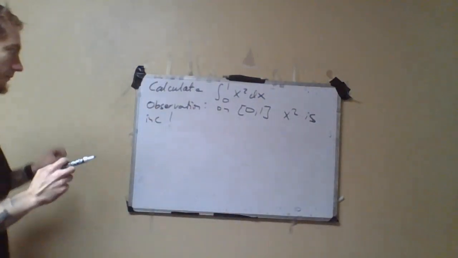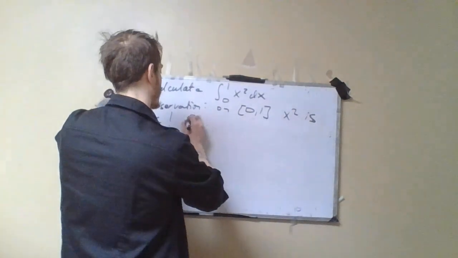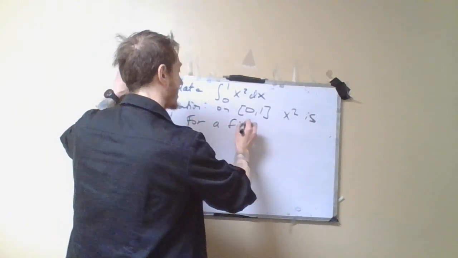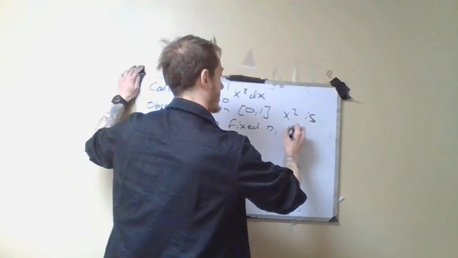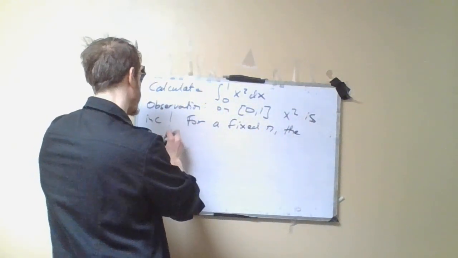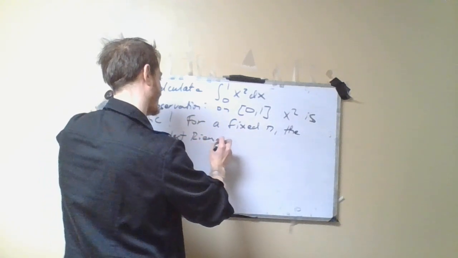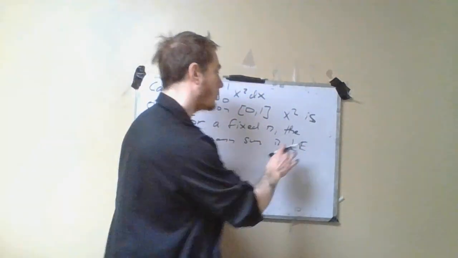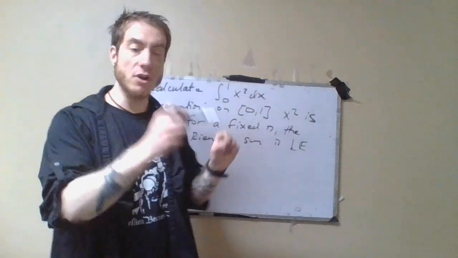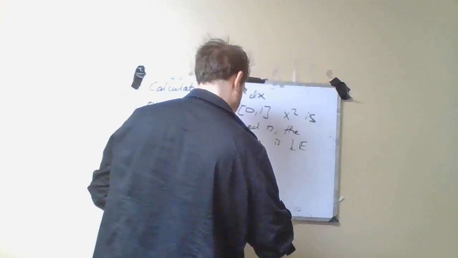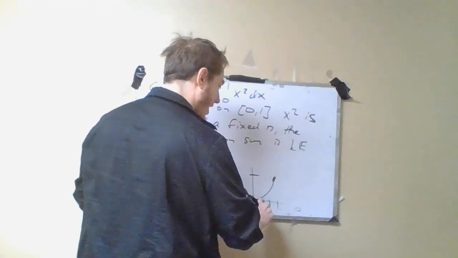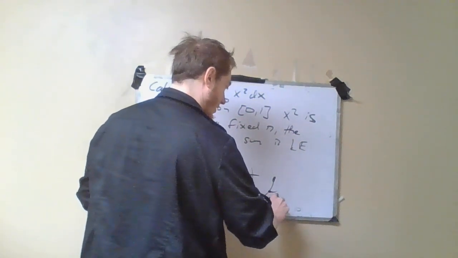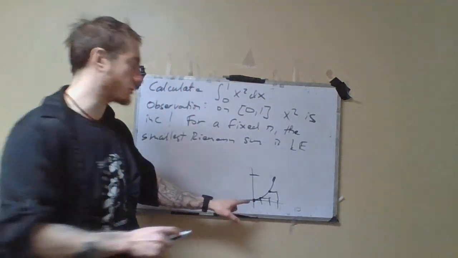What this means is that for a fixed n, the smallest Riemann sum is the left endpoint option. Why is this true? Well, if my function is increasing, here is my function. If I cut this thing up into pieces, the smallest options come from taking left-hand endpoints. That's the smallest each of these rectangles can get.